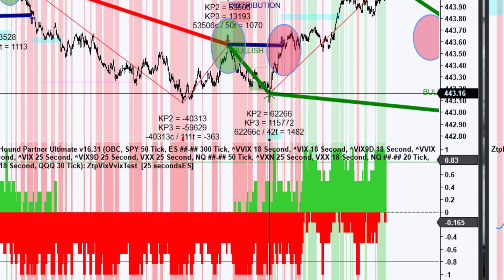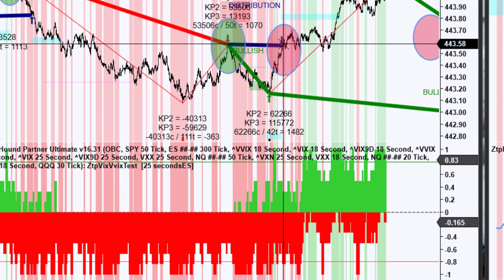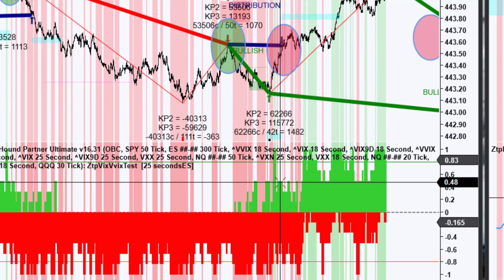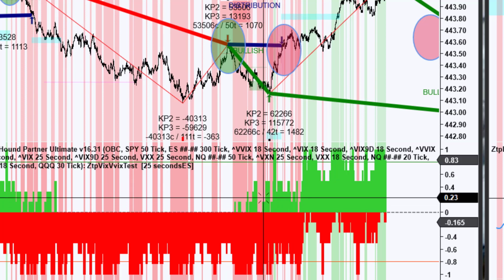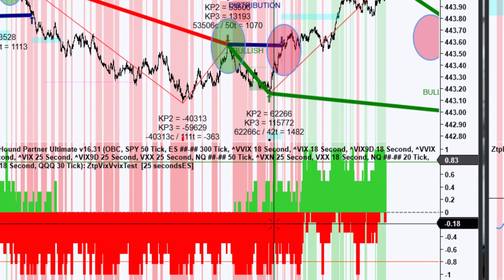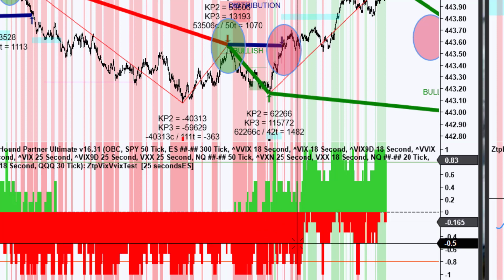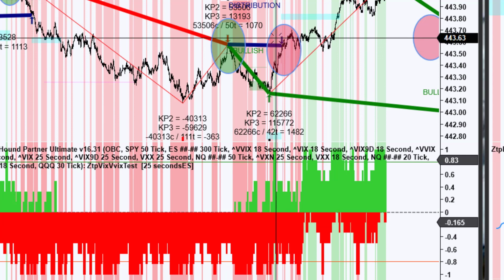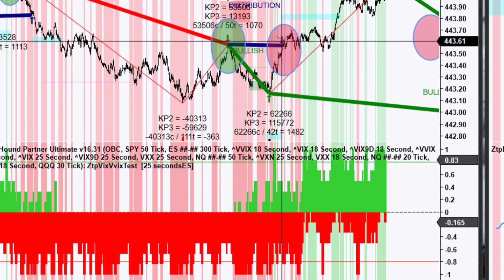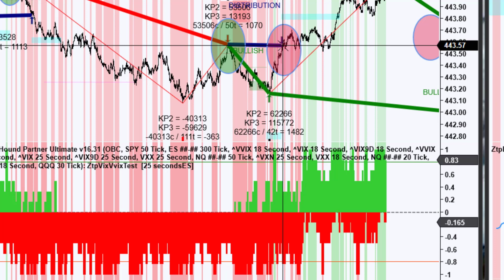So if price is rising here into this trade right here, then we will assume that since price is rising, the greens that we are getting are from the price, and that the reds that we are getting down here are from the VIX.